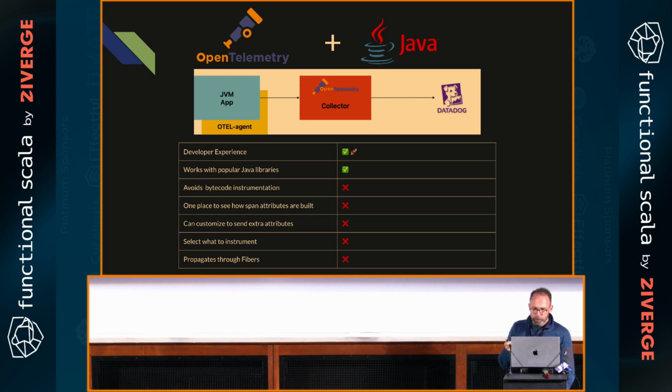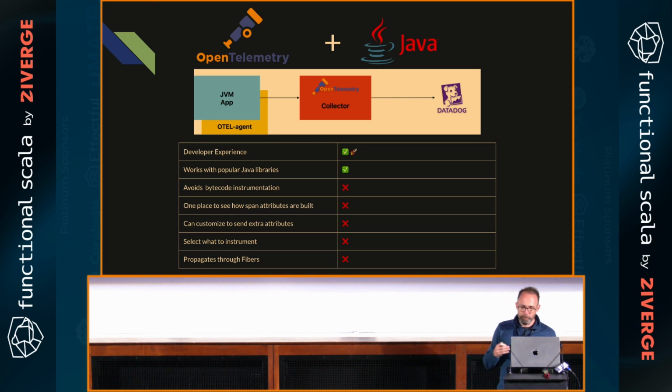It's also difficult to customize to send some extra attributes. So if I want, when I send to Kafka, to open a span and send something extra than what the agent wants me to send, then it's not straightforward. Also, it instruments all or nothing. So if I adopt the agent, then all the outgoing and incoming channels are instrumented.